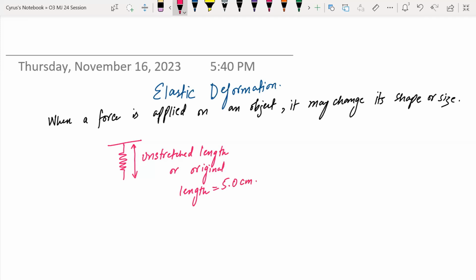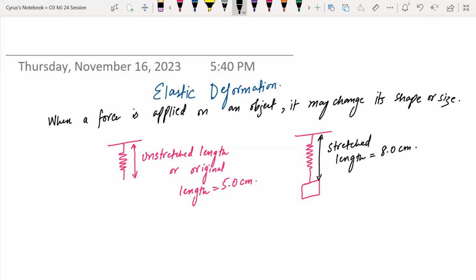So if I attach a load here, like this, the length will be extended. So this is the stretch length that we have. The stretch length is 8.0 centimeters, for example, right?